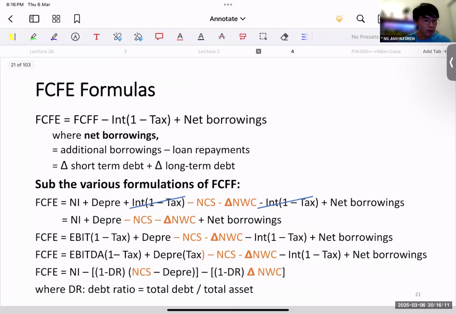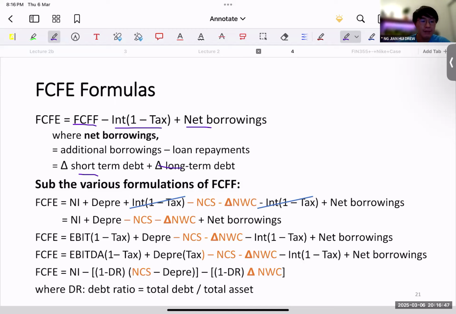So some formulation as well. This is to show you the various formulas for FCFE that we can use. We start off with our FCFF here: FCFF minus interest times (1 minus tax rate) plus net borrowings. Net borrowings is your change in borrowings, so change in short-term borrowings plus change in long-term borrowings.